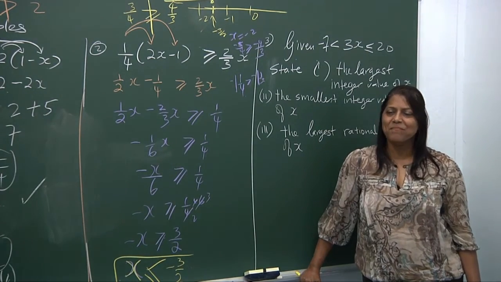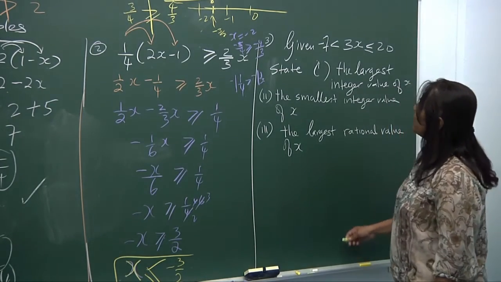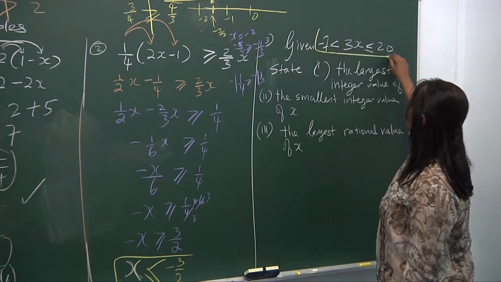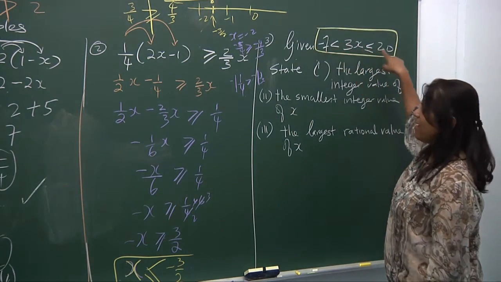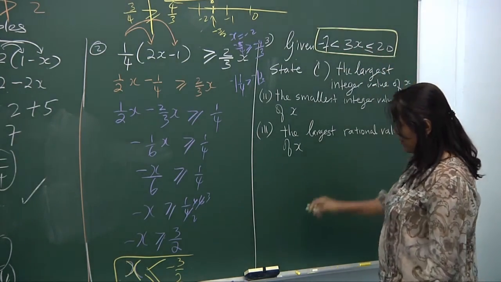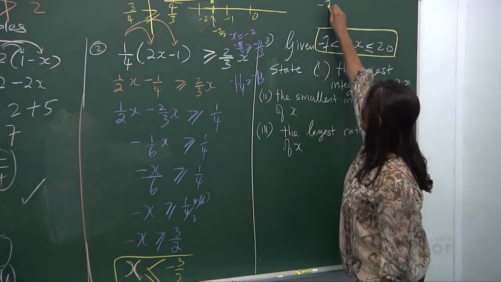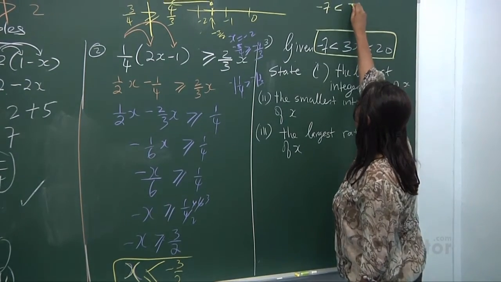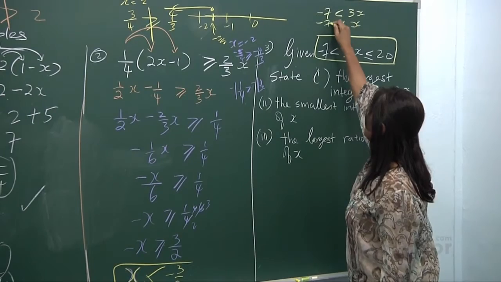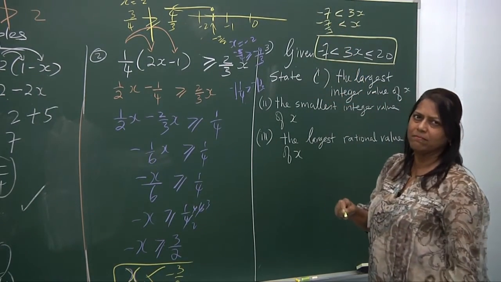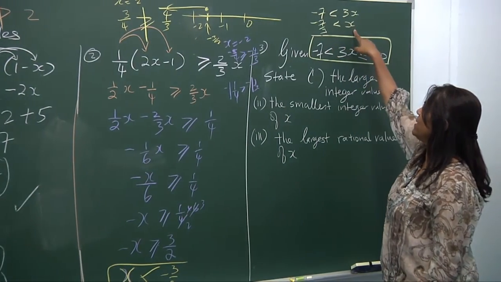They said x is between these given values. 3x is between minus 7 and 20. And what does it mean? It means that minus 7 is less than 3x. If I divide it by 3, I get minus 7 over 3 is smaller than x.